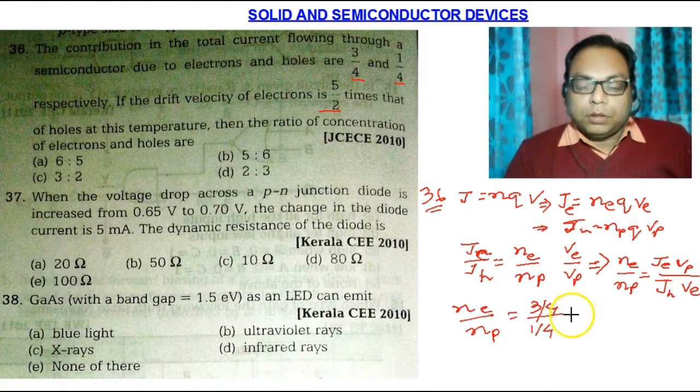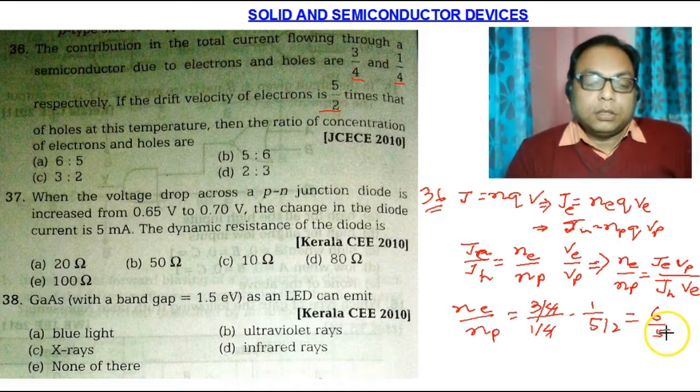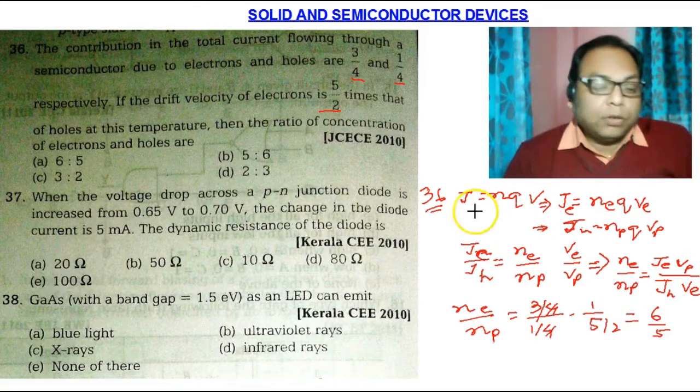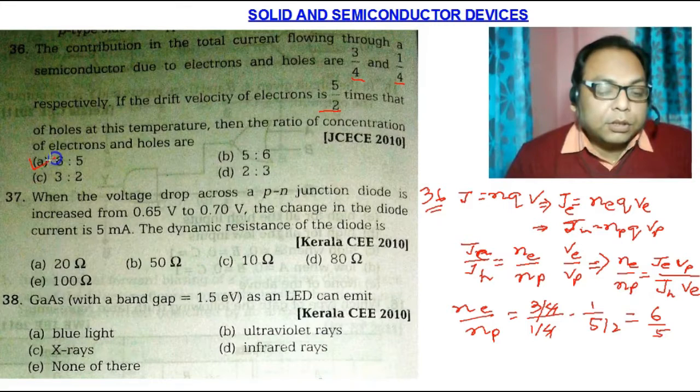If V_p is 1, then V_e is 5 by 2 times of it, so we can write 1 divided by 5 by 2. If we solve this, this 4 and this 4 get cancelled, this 2 goes up, 3 into 2 is 6, by 5. So the ratio is 6 is to 5. I think option A is the correct option for this solution.